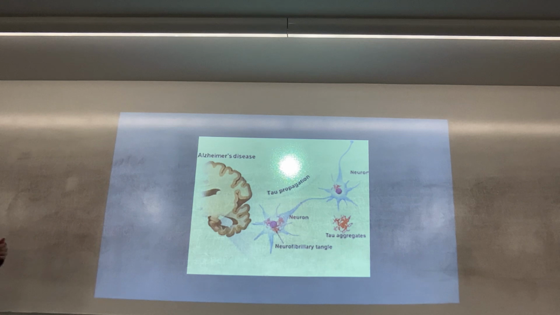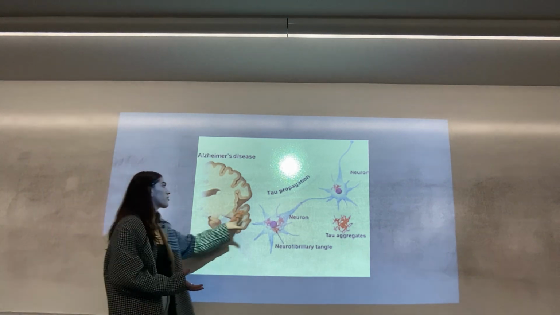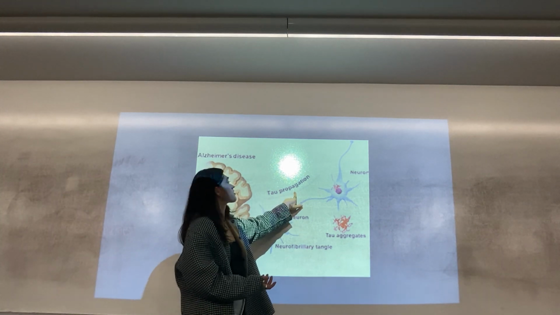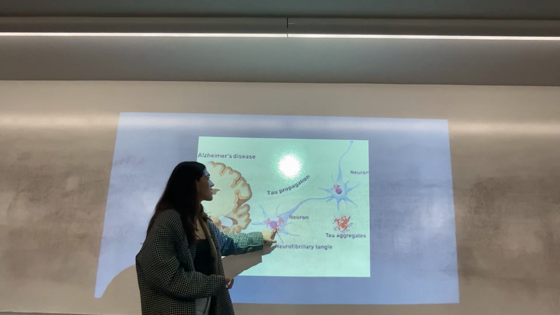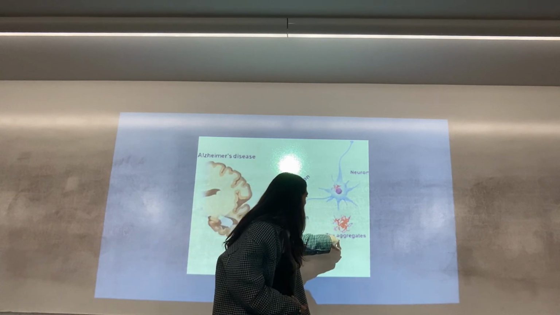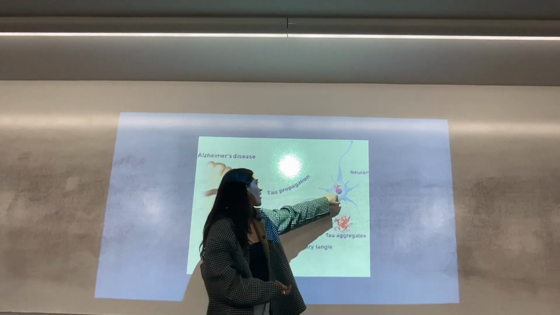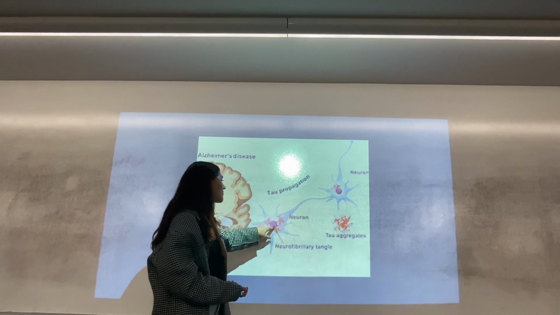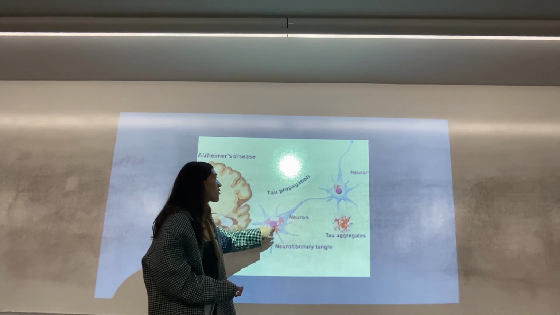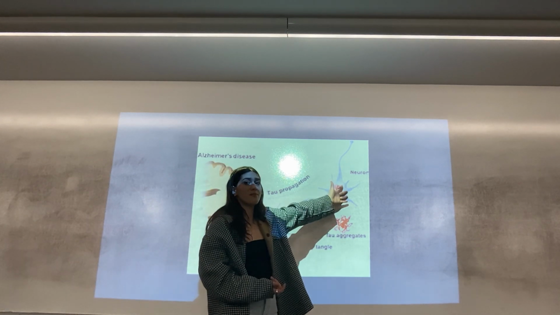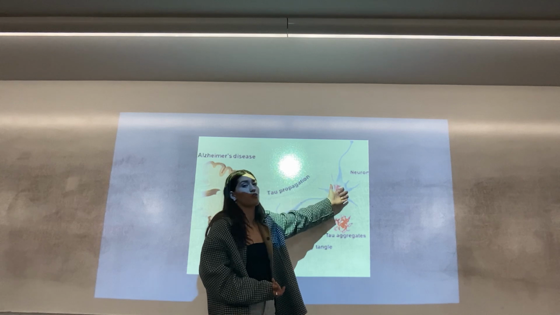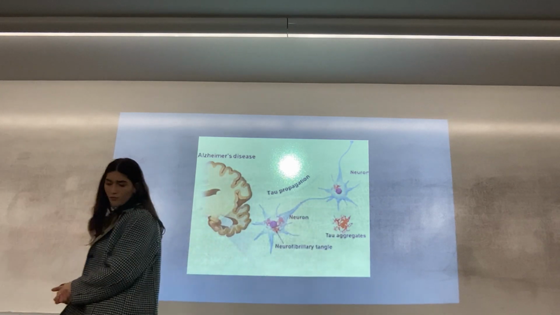And again, another thing we'll talk about is the tau propagation within Alzheimer's disease. You can see that there's this aggregation of tau, and therefore this neuron does not look identical to this one anymore. And we see that the damage is making this neuron not very functional.